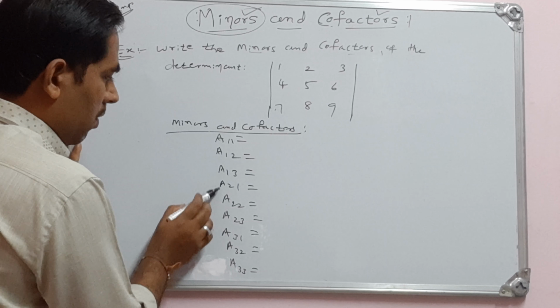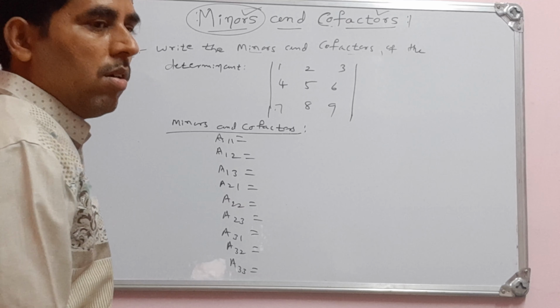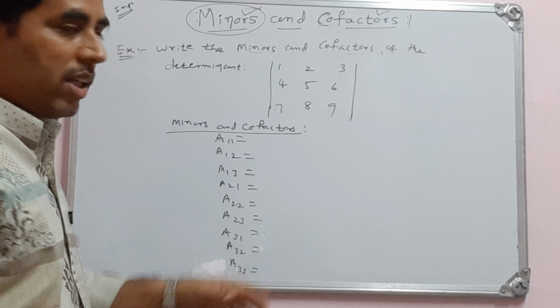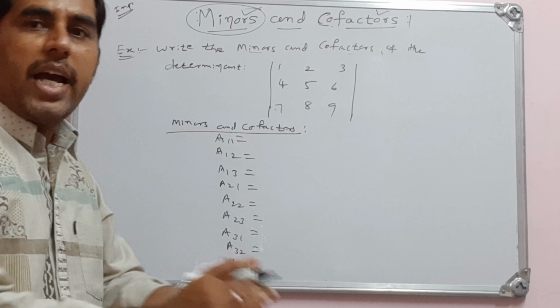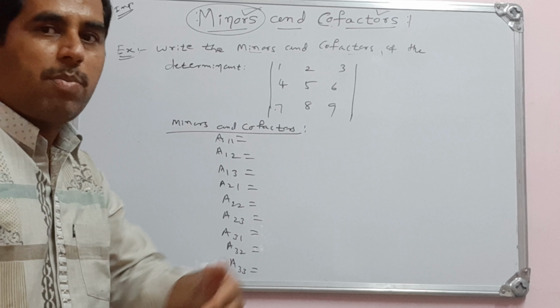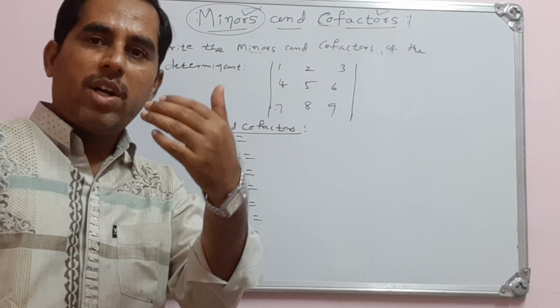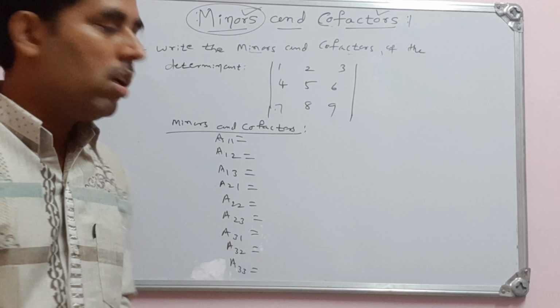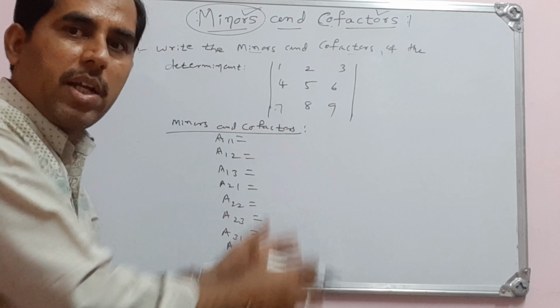Totally 9 elements here. I have written directly. Now I am going to write minors and cofactors combined. In the previous two examples, we wrote minors and cofactors separately. You can do that also, that is also correct, but to save time, let me write it directly.